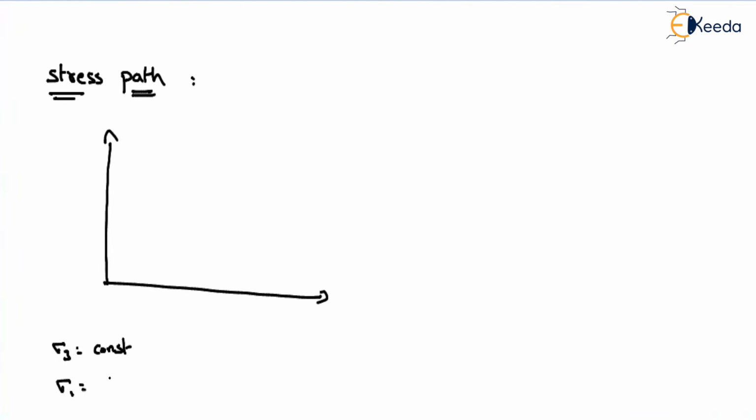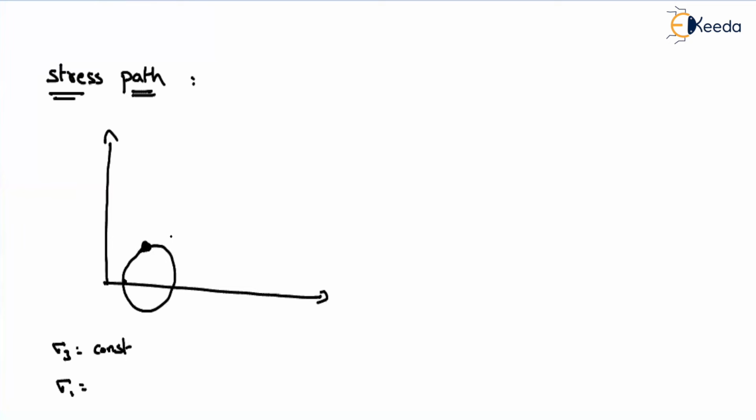Suppose we keep sigma 3 constant and change sigma 1. Then I may get one more circle depending upon sigma 1, and because of sigma 3 and sigma 1, I may get the maximum shear stress at this point.